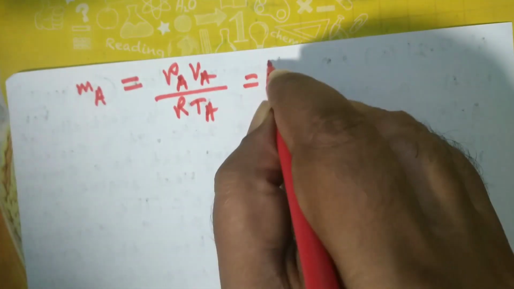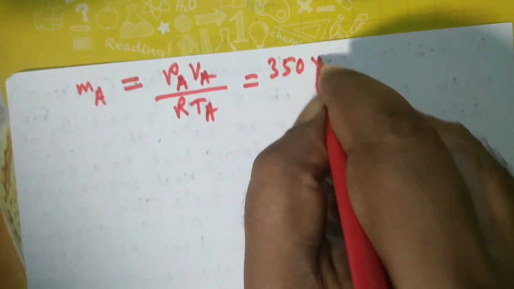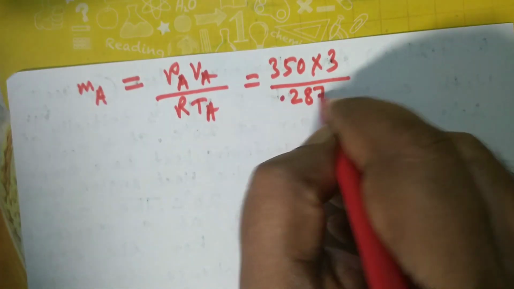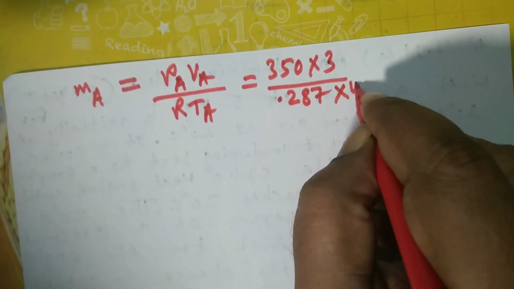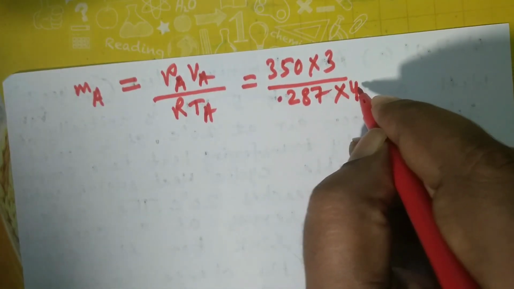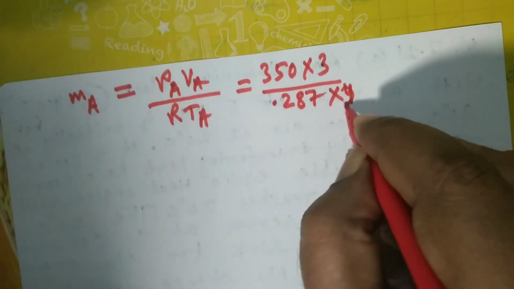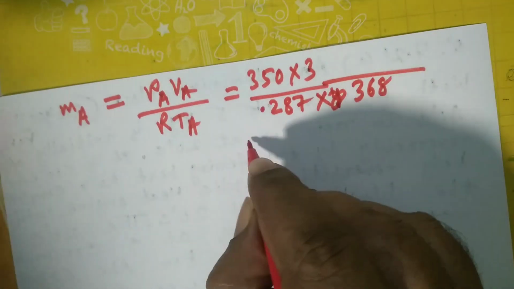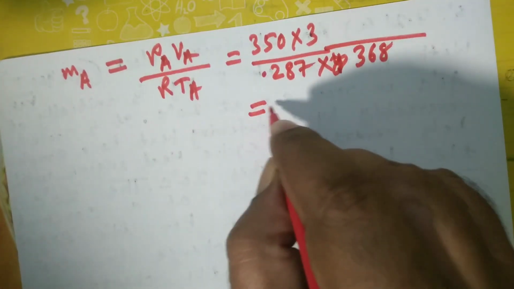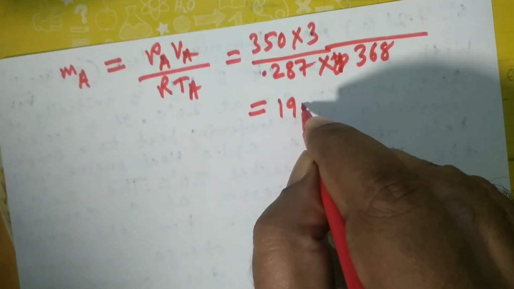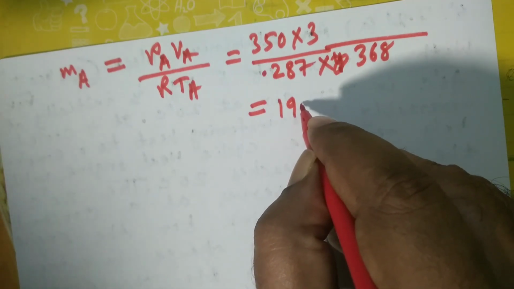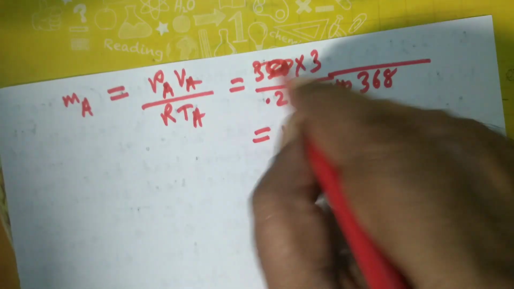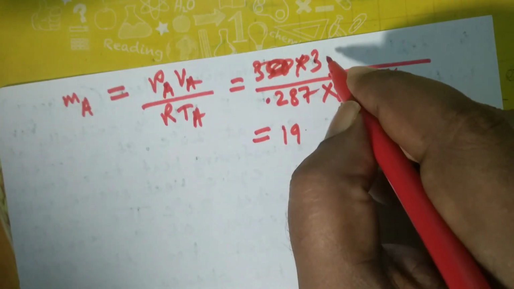This is equal to 350 multiplied by 3 divided by 0.287 multiplied by 368, where TA is 368. So the pressure is, in fact, 0.7 megapascal for vessel A.